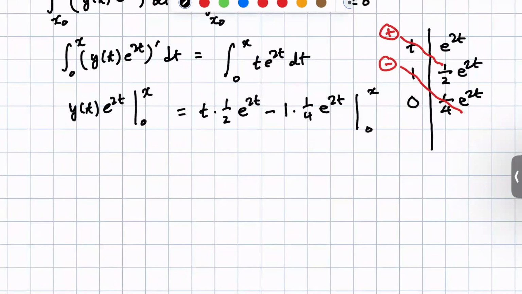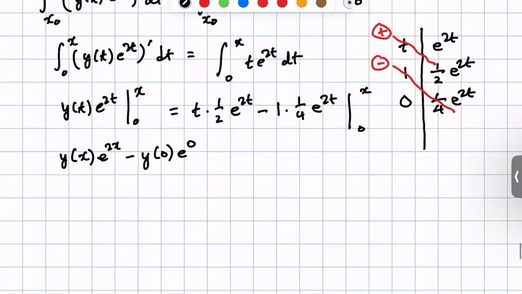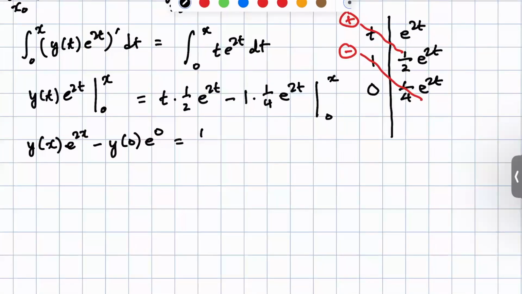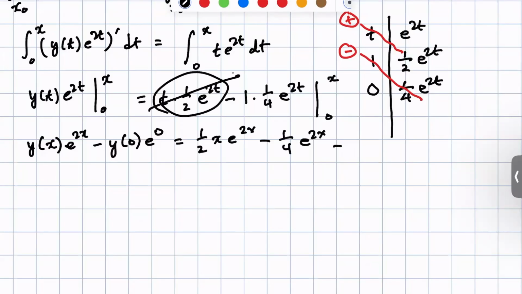All right, let's plug this in. Y of x e to the 2x minus y of 0 e to the 0. Let's plug in an x, 1/2 x e to the 2x minus 1/4 e to the 2x. Now, when I stick in the 0 to t, this guy becomes 0.